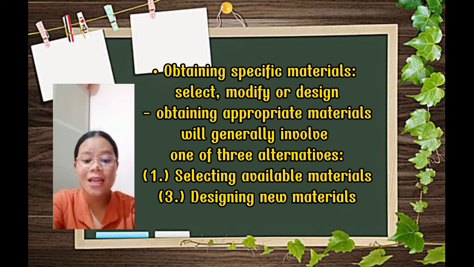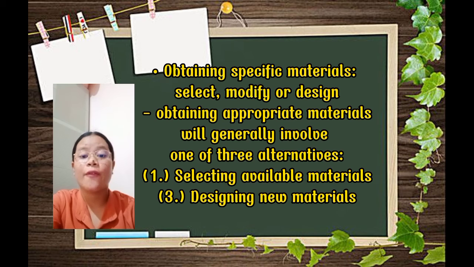First is selecting available materials, second, modifying existing materials, or third, designing new materials. Once you decide what media format suits your objectives, the next thing that you should consider is finding specific materials to convey the lesson.